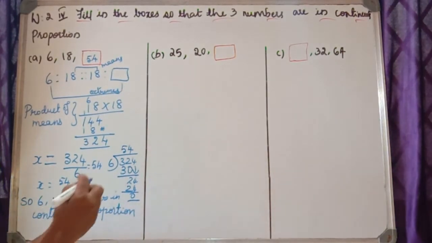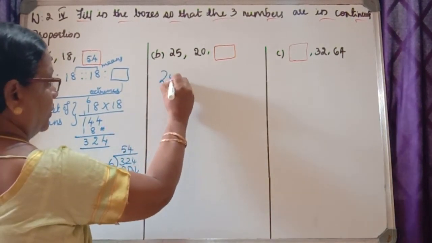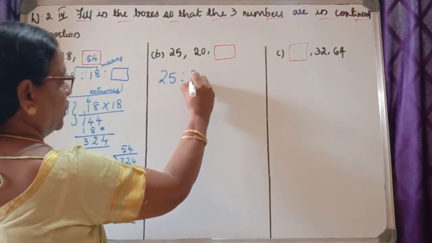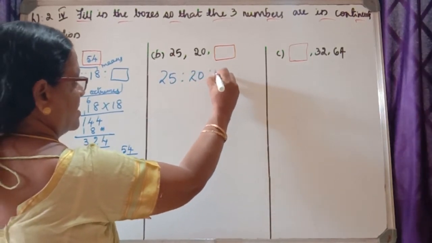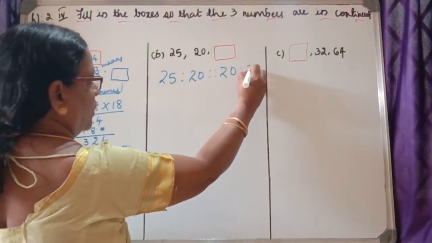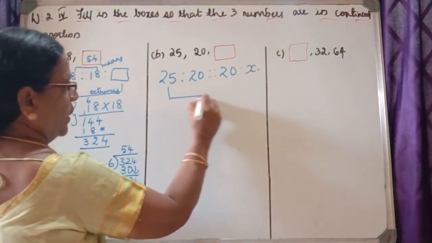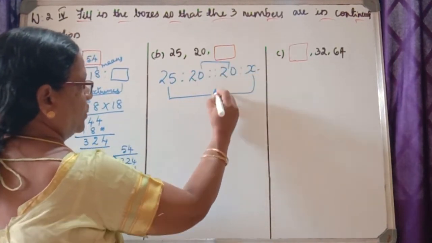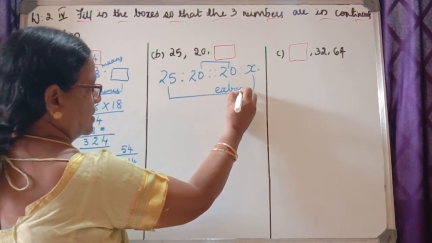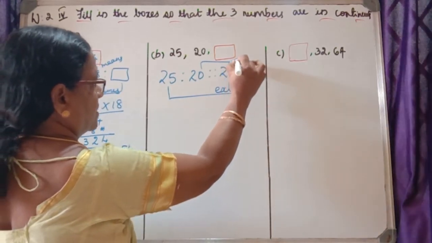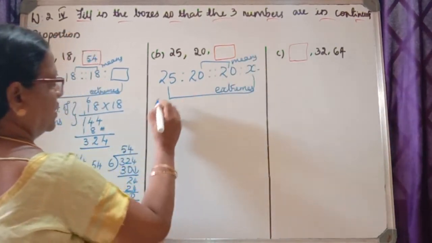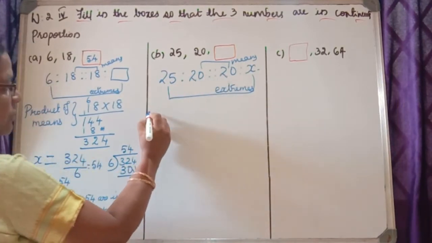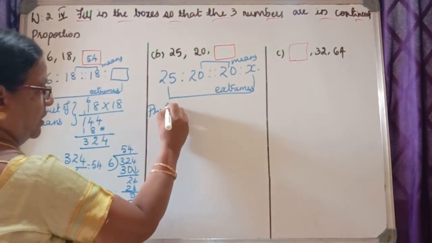Now we'll move to the second sum. 25 is to 20 as 20 is to x. Product of extremes should be equal to product of means. Here we have 2 terms in the product of means. We will find out the product.